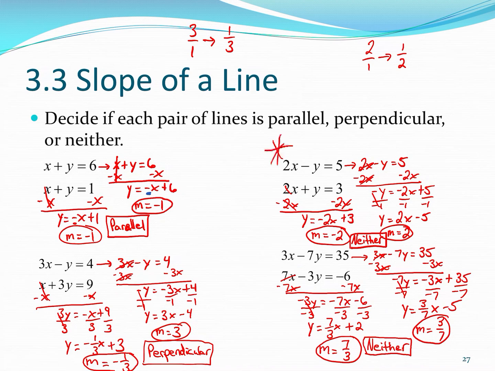But I also want you to see that the first set, this set up here, are simply opposites. Not reciprocals, not opposite reciprocals, just opposites. This second one that you did are reciprocals, not opposites. And so to be perpendicular, it has to be both opposite and reciprocals.